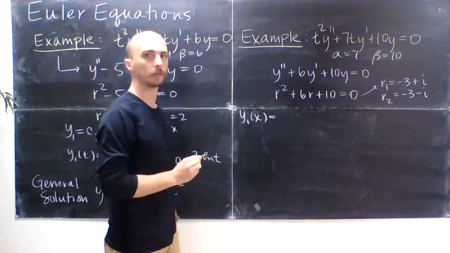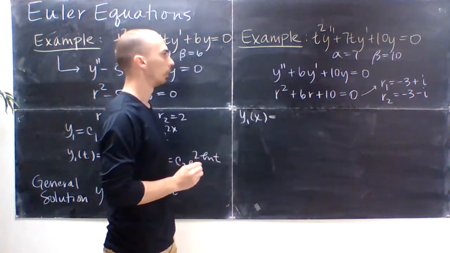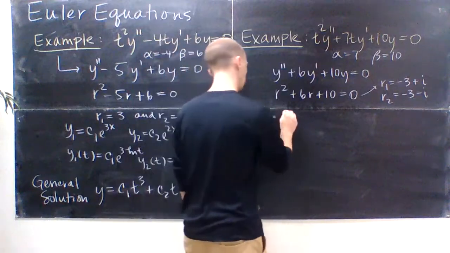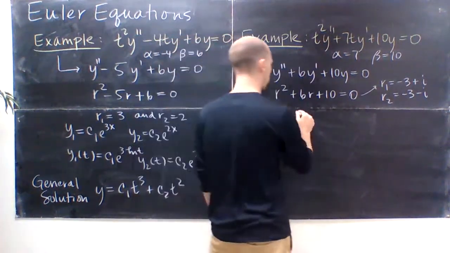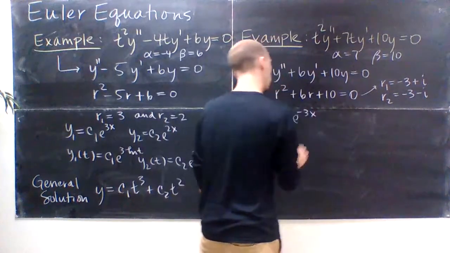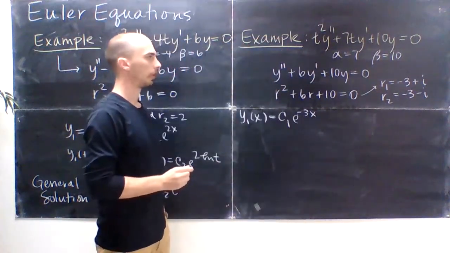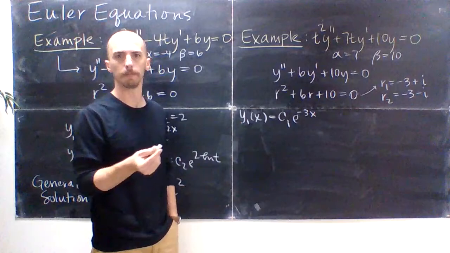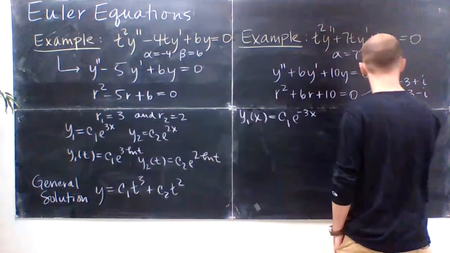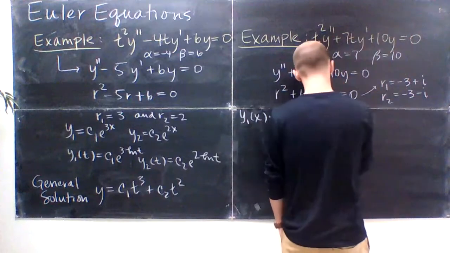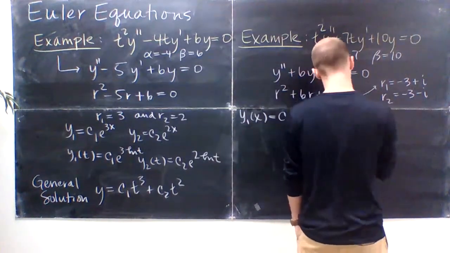y1 of x is going to be c1 e to the negative 3x times the cosine of bx, so it would be cosine of 1x, cosine x.